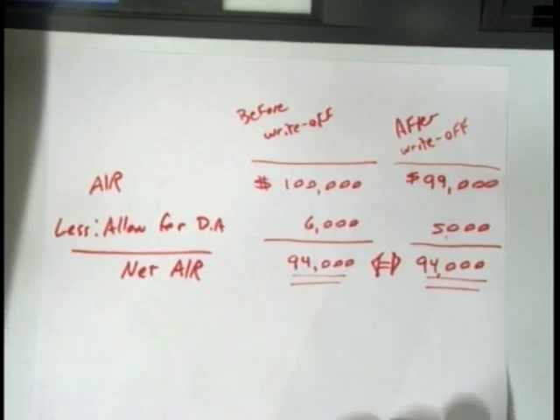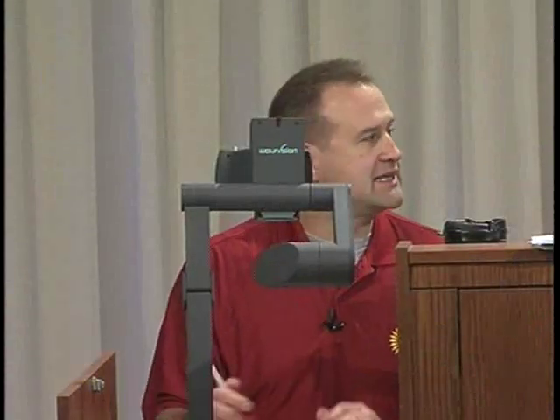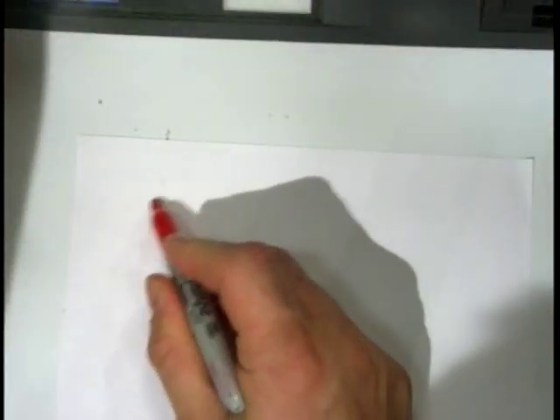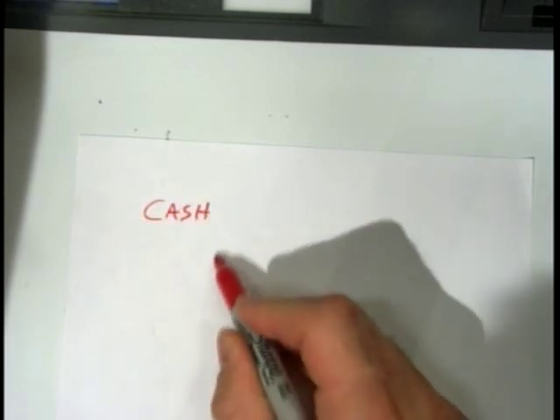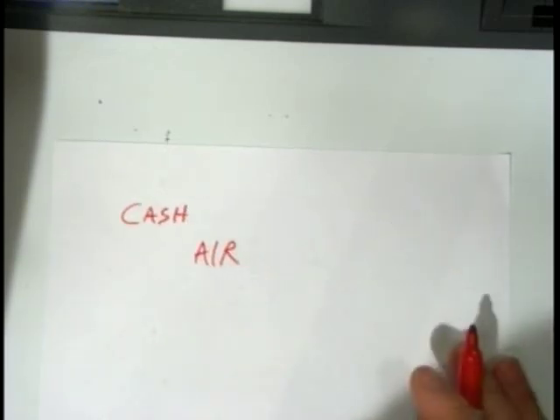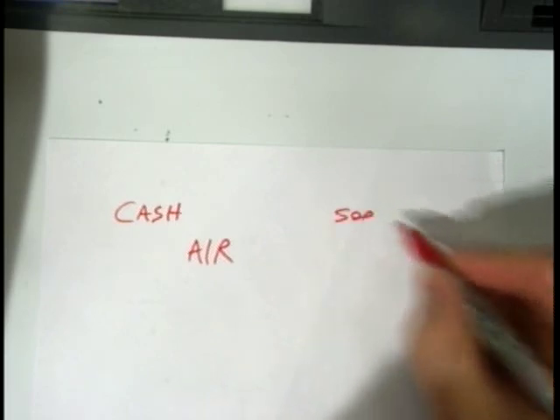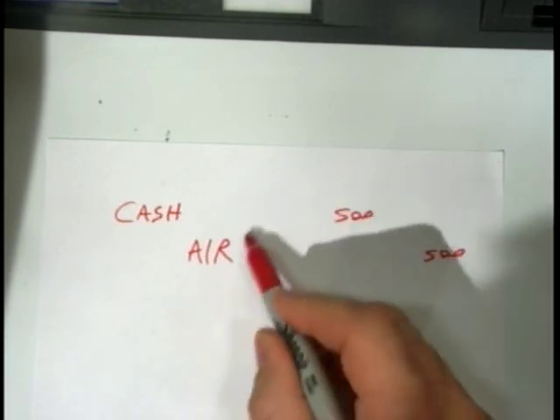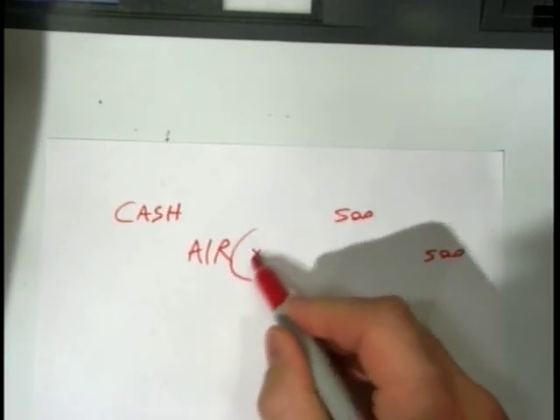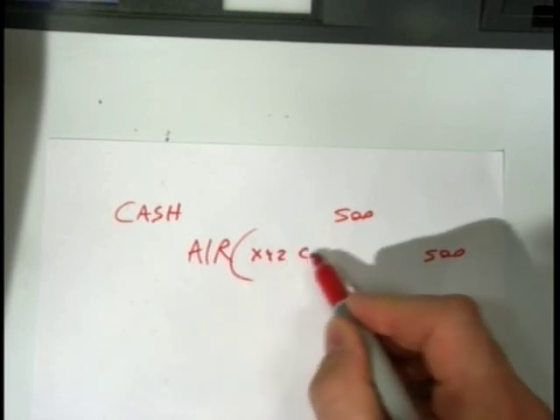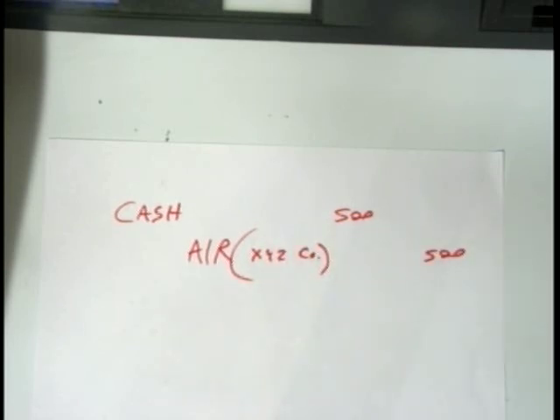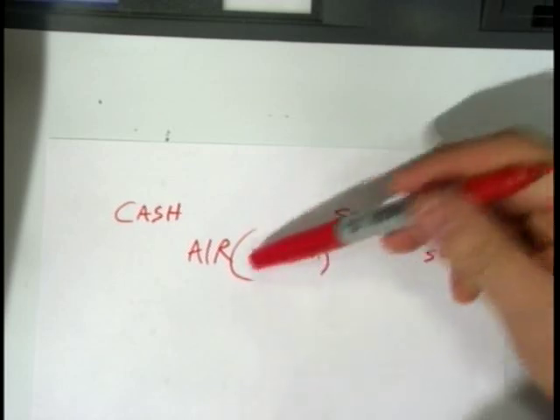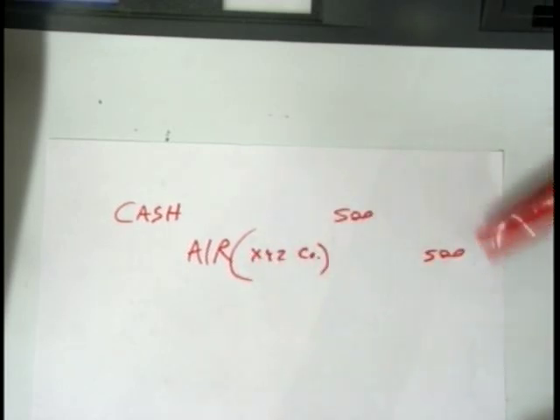Let me point out one other thing. Remember how I said whenever we make a debit or credit to accounts receivable, let's say it's for $500, and let's say this is XYZ company, we have to post this.